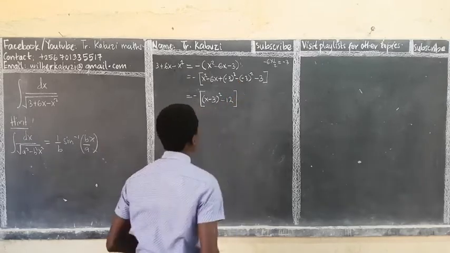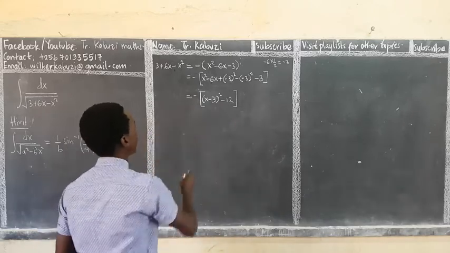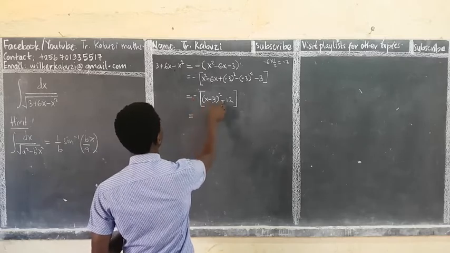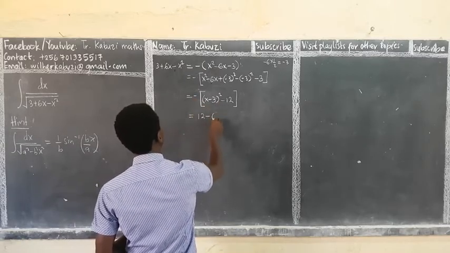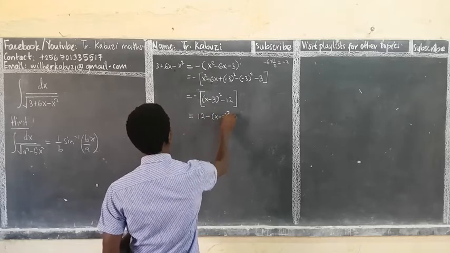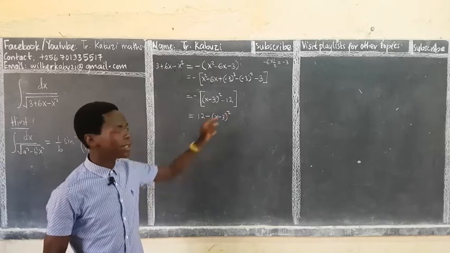Then we can open brackets for this negative, so we shall have positive 12, then minus x minus 3, the whole squared. Be careful here, this negative cannot enter because this one is locked.